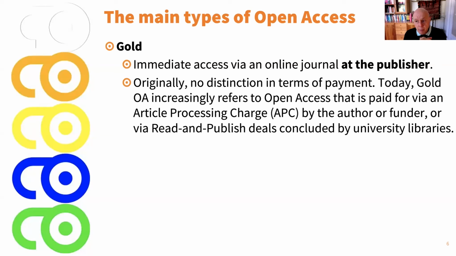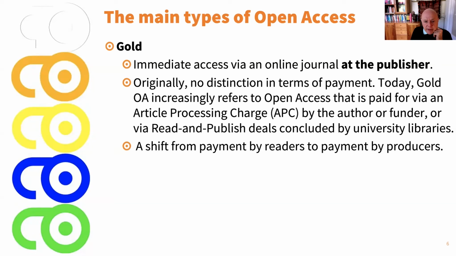That is a read and publish deal, which is more encompassing and frees the researcher at that university from the burden of having to pay for the individual articles they publish. So this is traditionally considered gold open access.